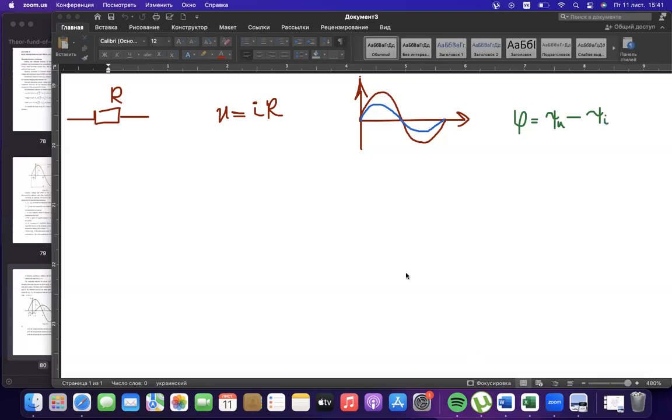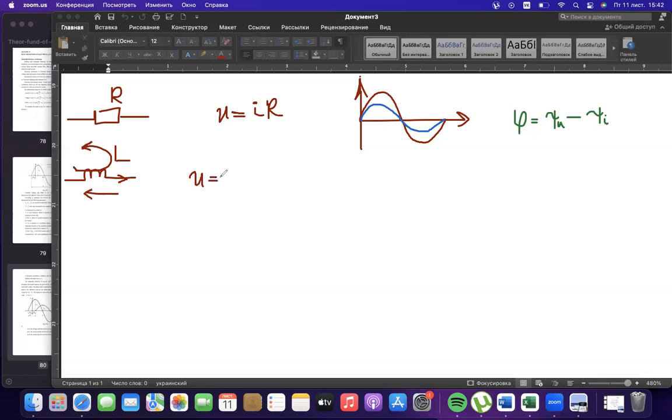Then let's move to the coil. For a coil, from the general physical formula, we know that if current flows, it generates a magnetic field, and voltage from this magnetic field appears if the magnetic field is variable.